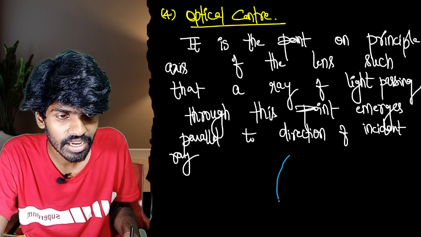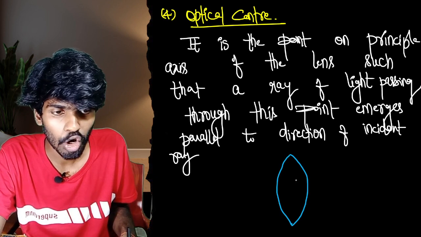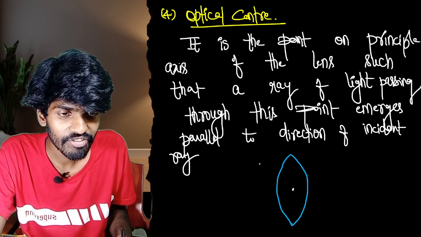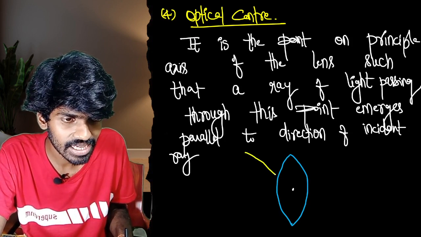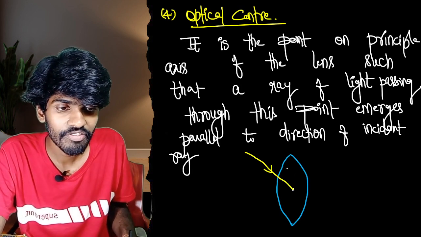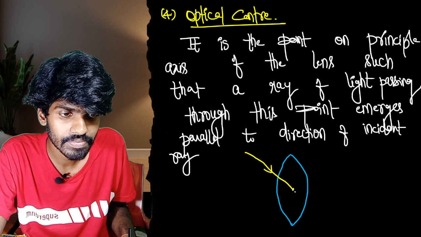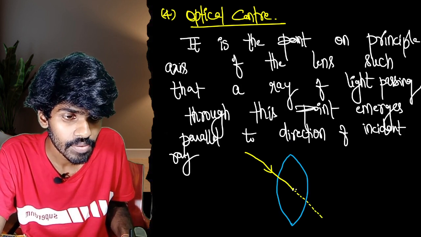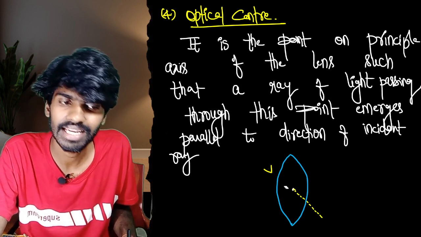It means that if it is a lens, then optical center is that point. If a ray is coming in its way, the lens will deviate the ray in such a manner that it will go parallel to the incident ray.